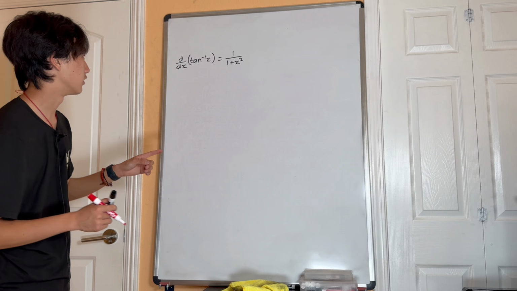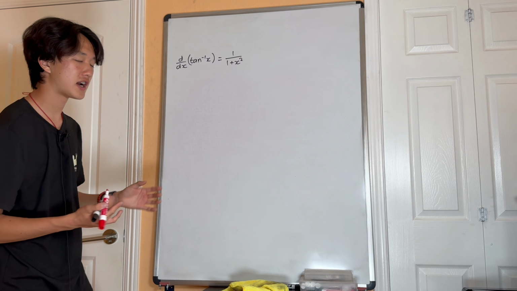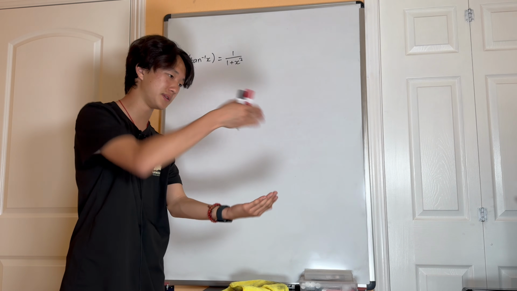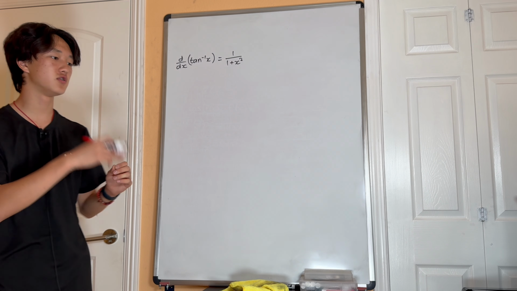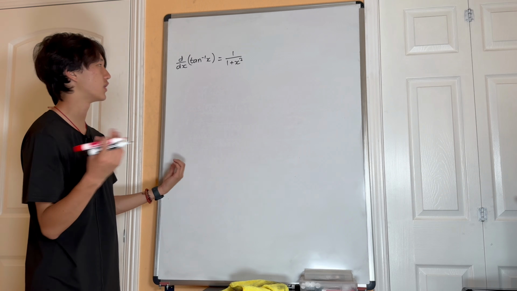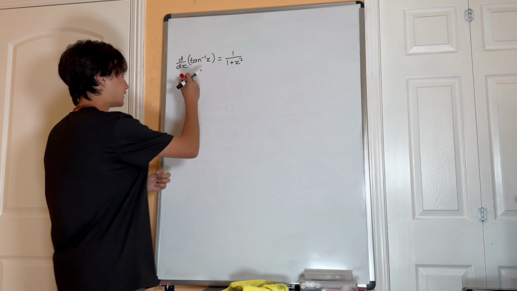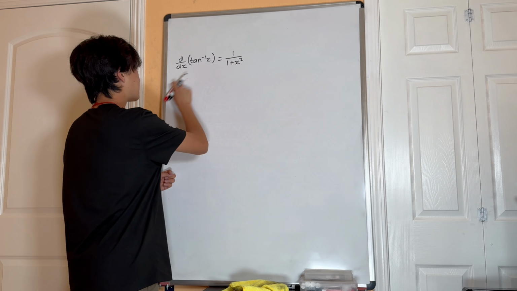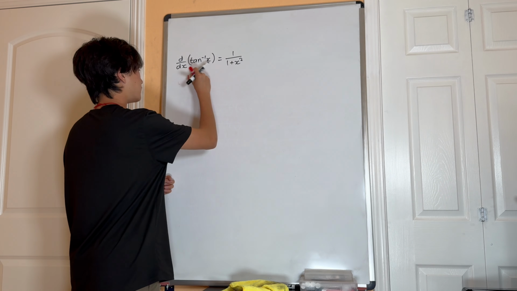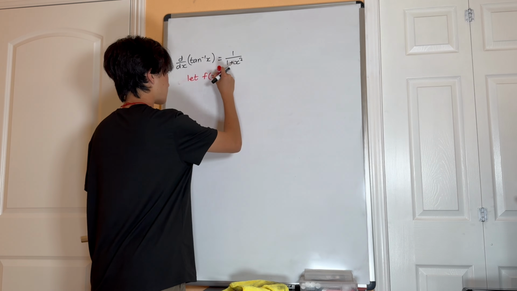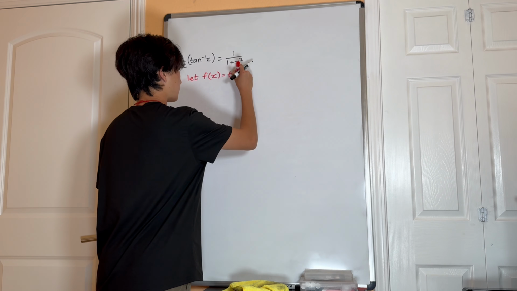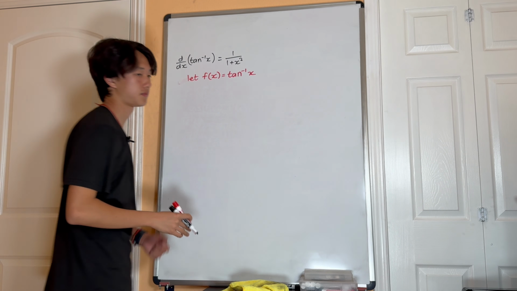Okay, let's get started. I already mentioned the strategy in my previous two videos. If you want to check out why we're using this strategy, or where it came from, go ahead and do that. But basically, let's call the function we're taking the derivative of f of x. That's inverse tangent of x, right?